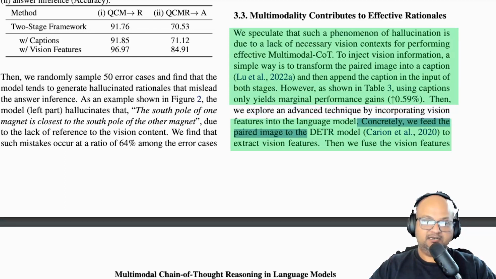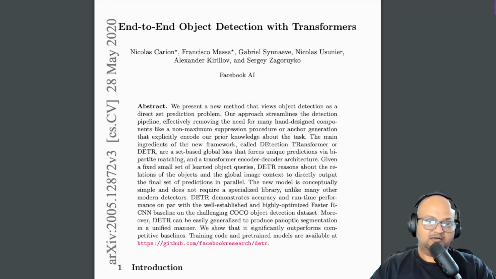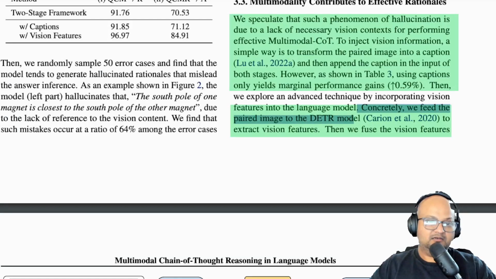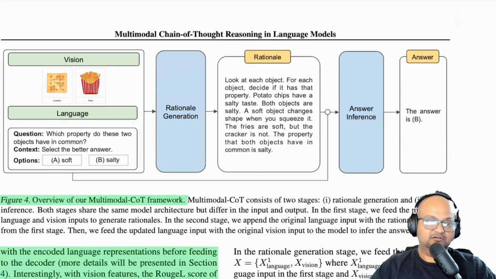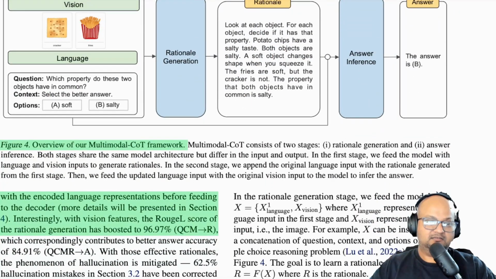So they're using another model, called end-to-end object detection with transformers, which is extracting computer vision features out of images. So they use that model, the DETR model, to extract computer vision features, and they use those features with the language representations before giving it to the LLM.